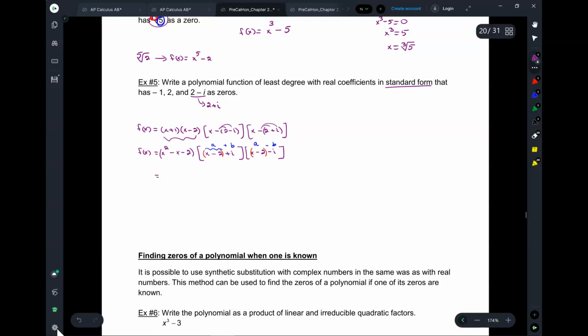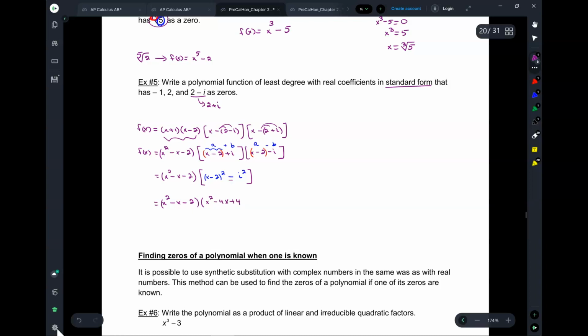So what I get here is x squared minus x minus 2. And then here, I get a squared minus b squared. Okay, so that's x squared minus x minus 2 times x squared minus 4x plus 4.